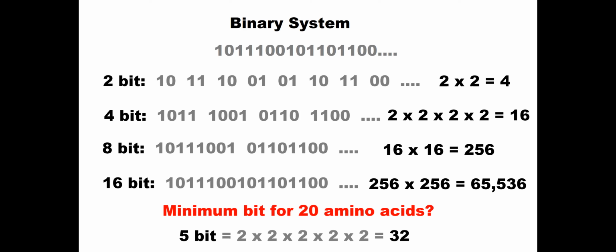So if our genetic system is digital, and if you use this kind of binary system, let's say if you use a computer system to designate each amino acid we need, then we just carry 5 of them, and we can assign all the different amino acids. That's something we can imagine.